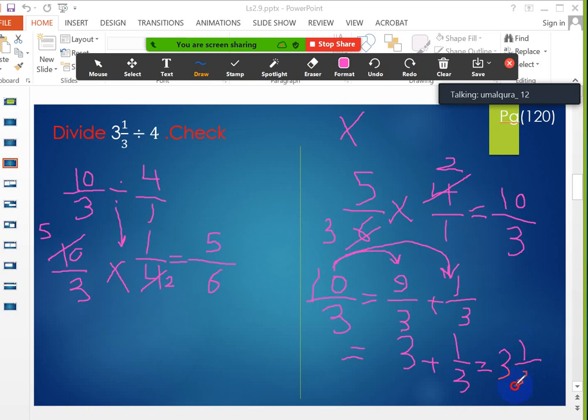That means my answer is correct, and the quotient is correct. So in division, you can be sure whether your answer is correct or not. You will know after you finish. Okay? So if you finish, please, girls, can you type 1 in the chat?